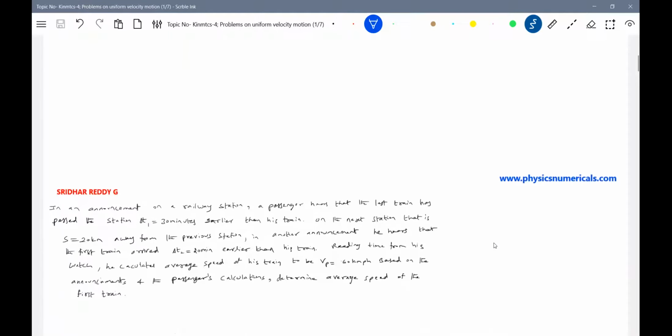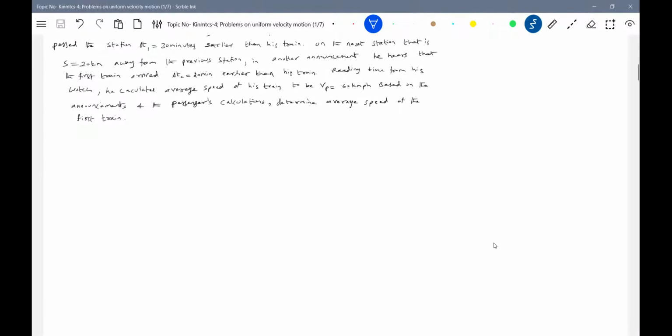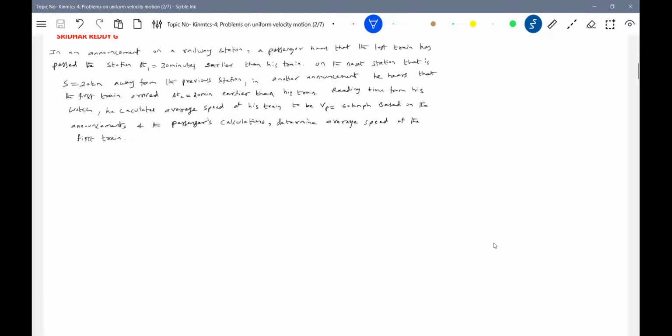Okay, let me scroll down to the next question. In an announcement at a railway station, a passenger hears that the last train has passed the station delta T minutes earlier than his train.